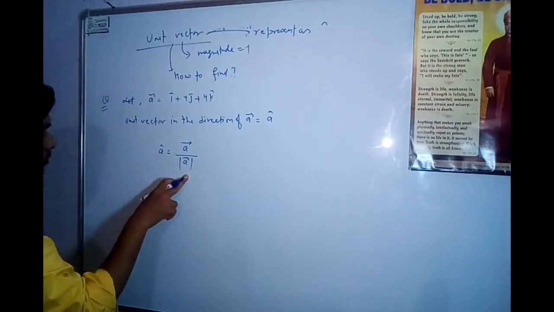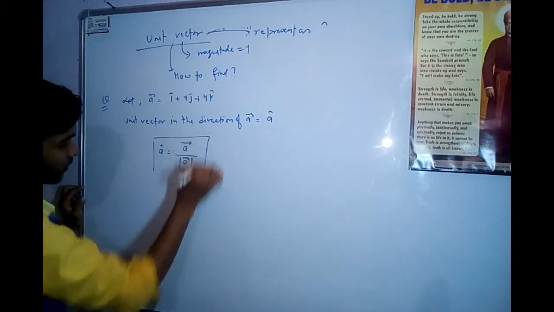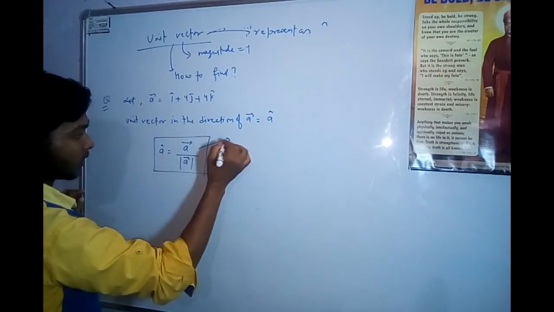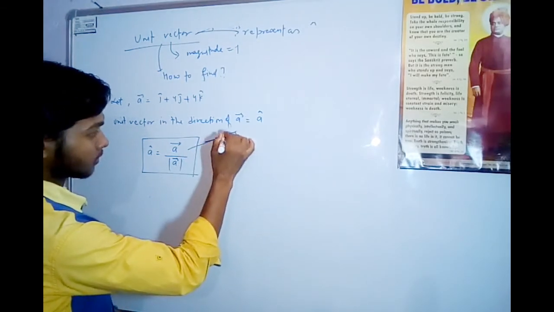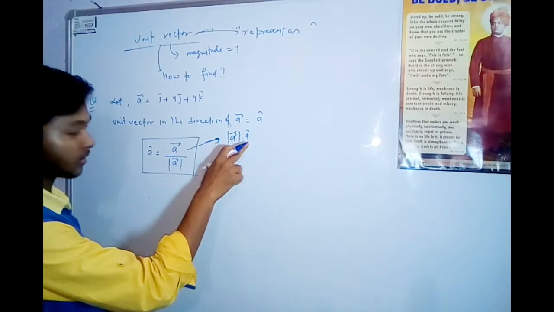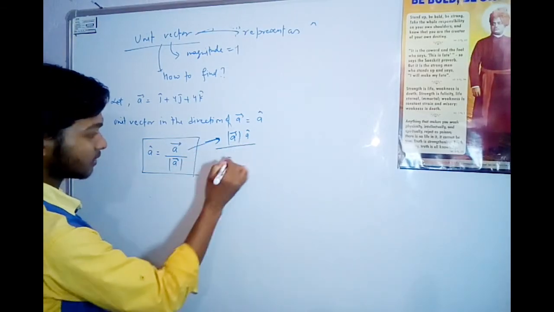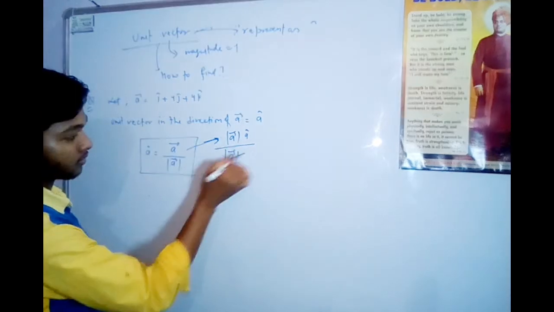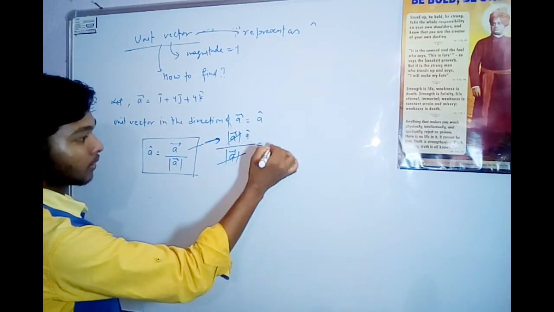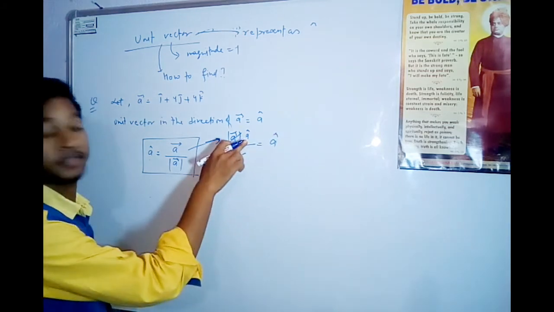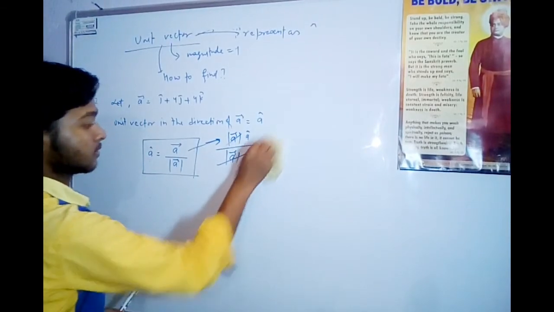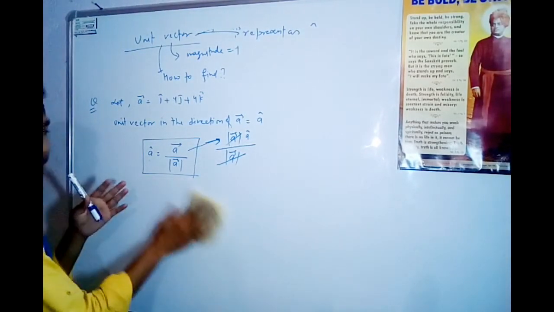So this is basically the formula. You have to remember it. A vector has magnitude as well as direction, and divided by the magnitude, this cancels out, so only the unit vector remains here. This is for understanding, but you have to remember it anyhow.